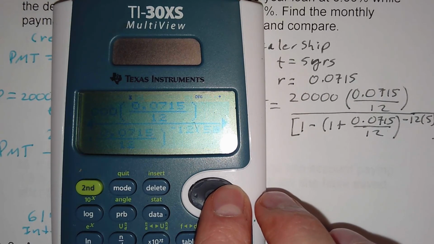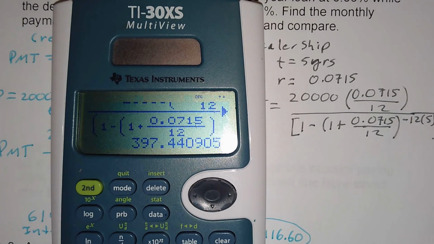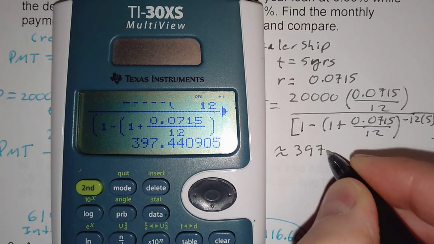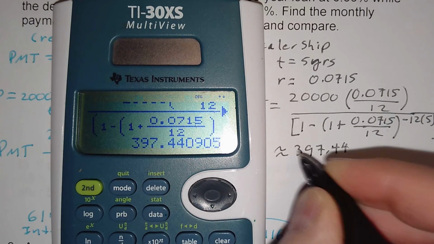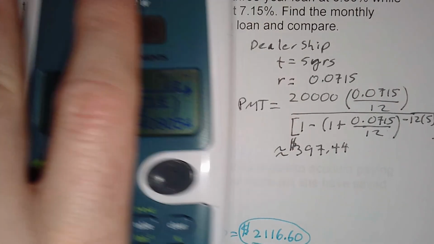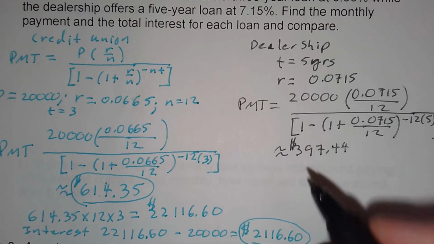Looks like we do. Alright, so then we're going to hit enter. So our monthly payment would be $397 and about 44 cents. Again, sometimes the book's going to ask you to round up, so you would put $397.45. All right, that's the monthly payment.